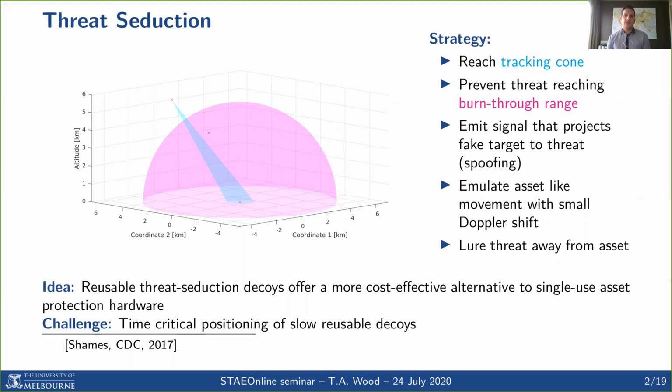The requirement is that the Doppler shift experienced by the threat radar should be bounded, should not change too much compared to the Doppler shift that it experiences when tracking the asset. So this is the kind of threat seduction scenario we're looking at.